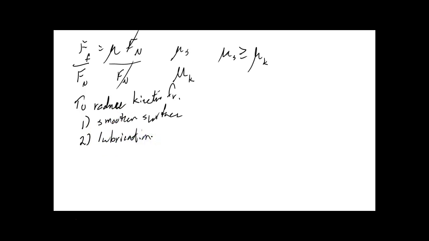The lubrication forms a barrier, a boundary between the 2 pieces of metal. They slide both over the oil, so there's hardly any friction at all. So lubrication. Number 3, use something like Teflon. Okay?